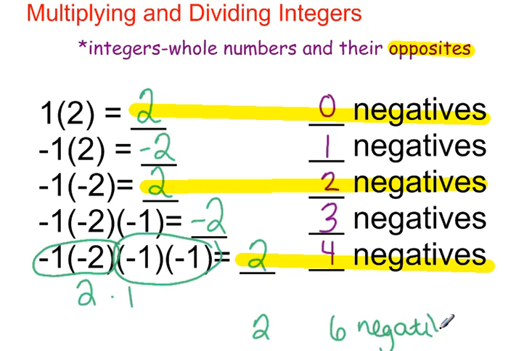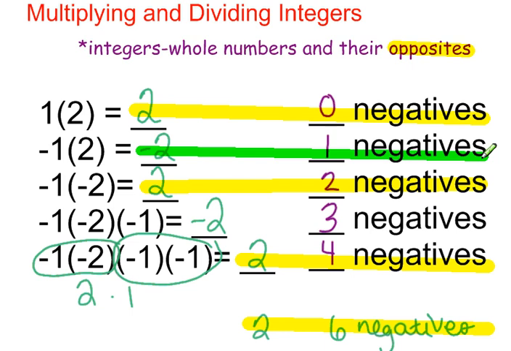Now what do you notice about all of these numbers that I have highlighted? 0, 2, 4, 6. These are all even numbers. So I bet if there are an even amount of negatives that my answer will end up being positive. Let's check to see if the opposite is true. I got a negative answer when there was 1.